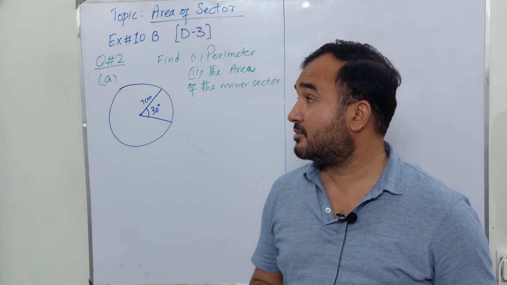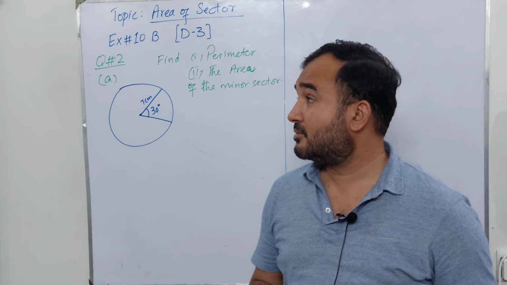First we have to find the radius of the circle, and for that we will use this information, the area. Using the formula of the area of a circle, we can easily find the radius of the circle.